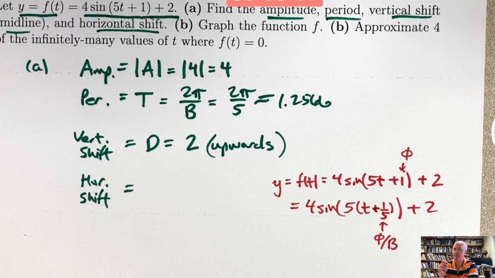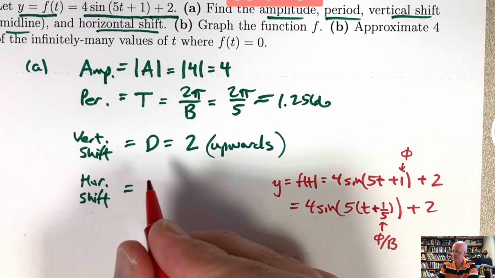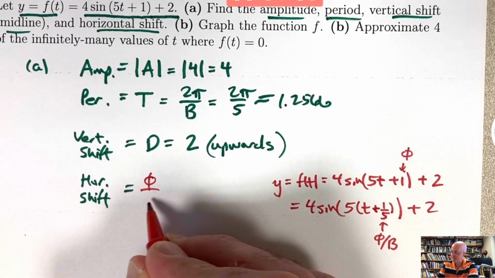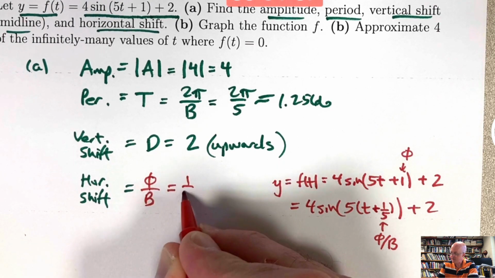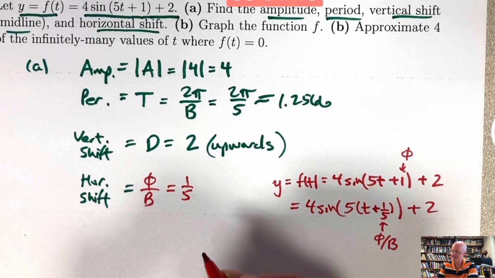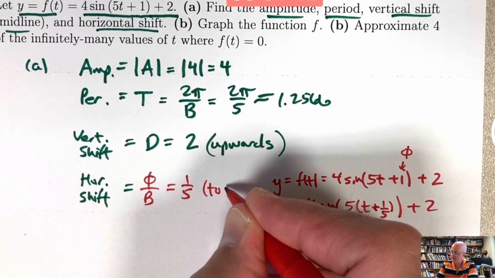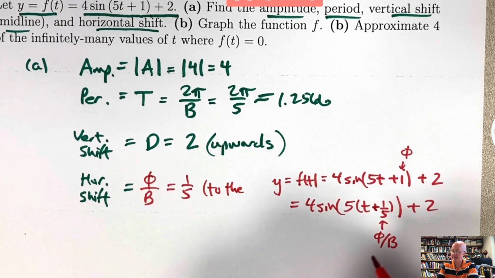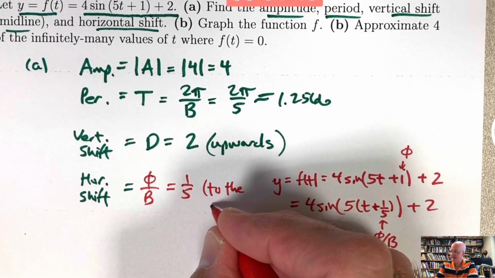People want to think it's to the right, but it's to the left. You could call it phi over b, 1/5, but because it's positive, it's to the left. If it were negative, that's when it's to the right. If you're subtracting, if it's t minus something, it would be to the right.